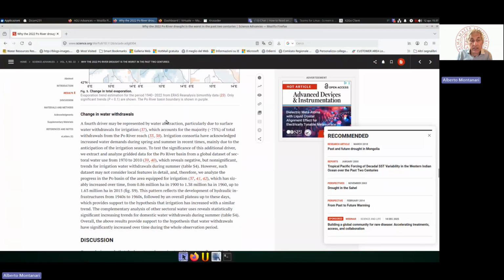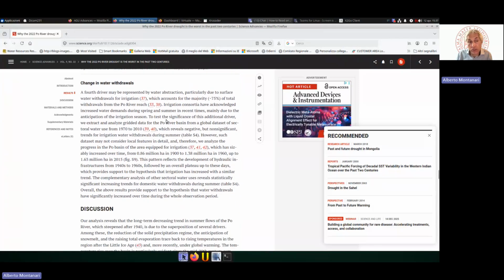And then there is another possible explanation. Maybe it's the fact that we take more water from the Po River during summer for irrigation that is causing the decrease. Actually, this explanation wouldn't explain why the river flow is increased during winter, but indeed it is worth exploring whether during summer the decreasing trend is also exacerbated, made more severe, because there is more water withdrawals.